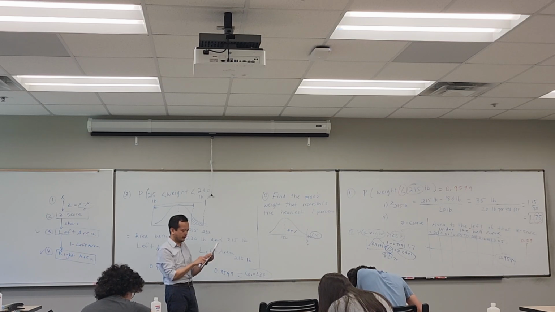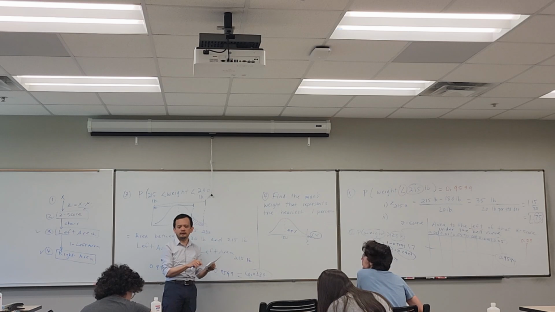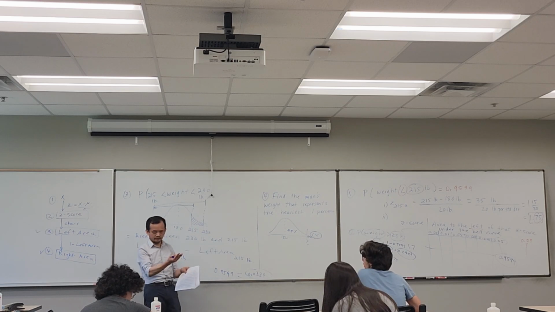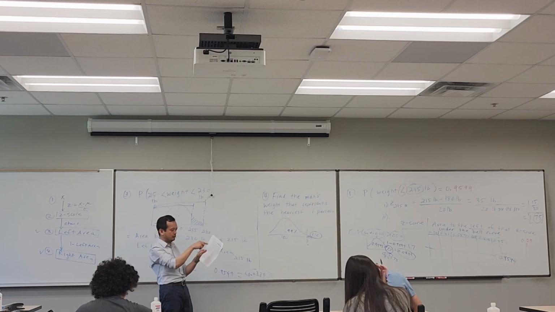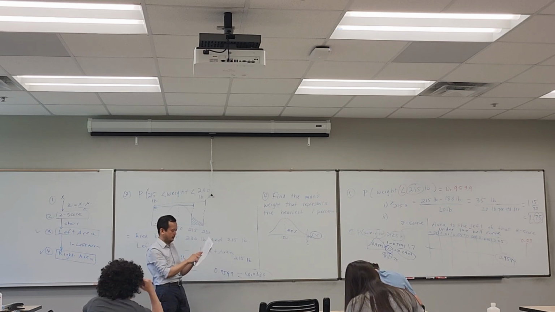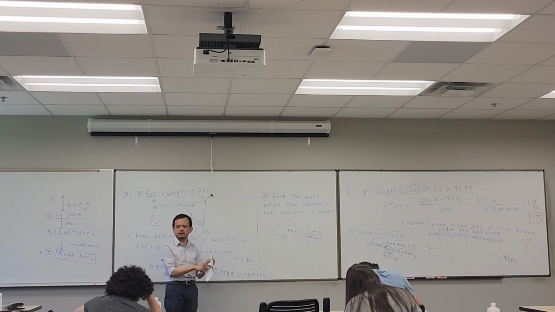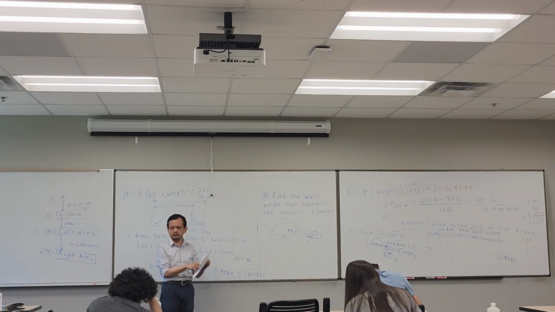Okay, so what z-score corresponds to that left area of 0.9901? It should be 2.33. So a z-score of 2.3 plus an extra 0.03 gives you that left area of 0.9901.